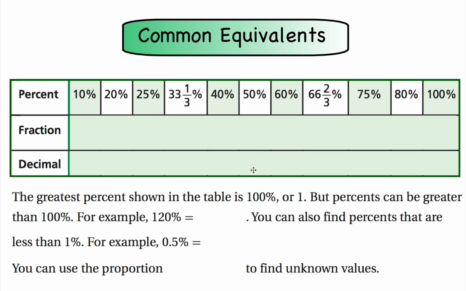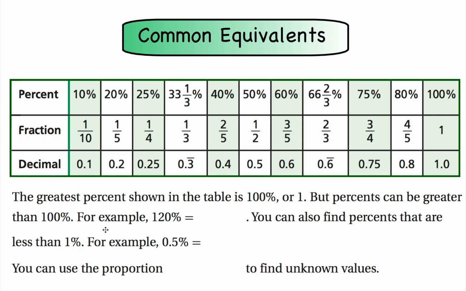As a decimal, it's 0.5. 10% is 1/10, which as a decimal is 0.1. 20% is 0.2, which is 1 over 5. And here are all of those equivalents. So make sure that you recognize those. You should be able to do all of those without using your calculator.